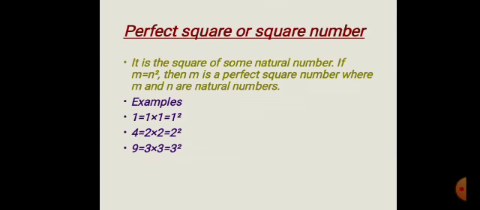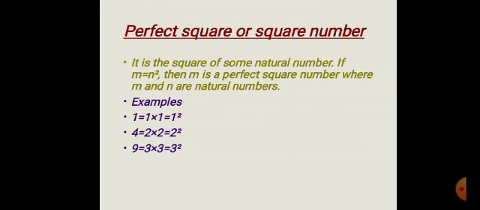Perfect square or square number: it is the square of some natural number. If m is equal to n square, then m is a perfect square number, where m and n are natural numbers. For example, 1 is equal to 1 multiplied by 1, which is 1 square. 4 is equal to 2 multiplied by 2, which is 2 square.